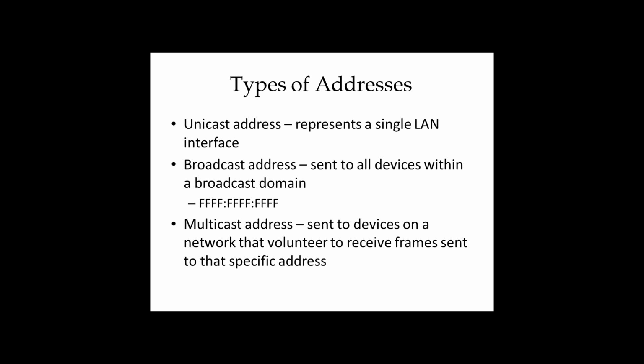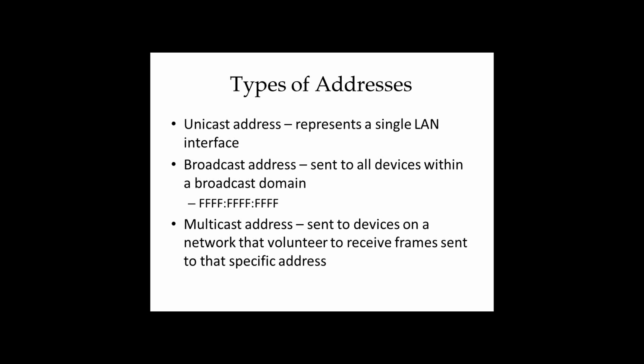There's the broadcast address. The address for broadcast is all Fs. That frame is sent to all devices within the broadcast domain. Just real quick, a broadcast domain is a section of the network in which a broadcast is sent to those devices.